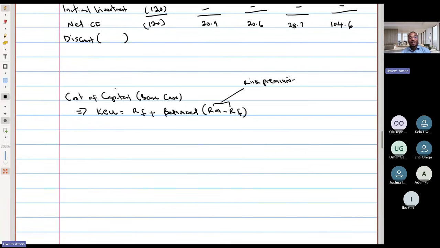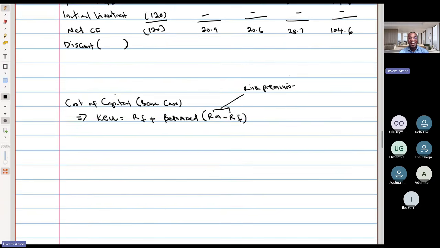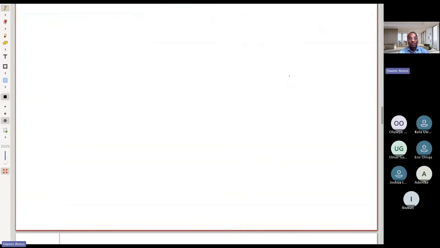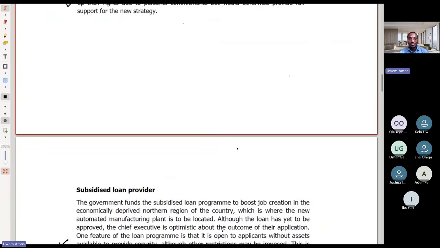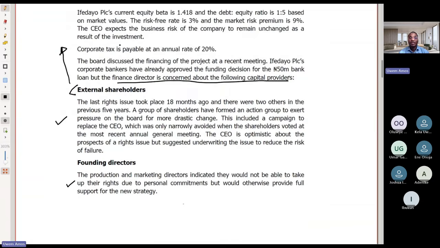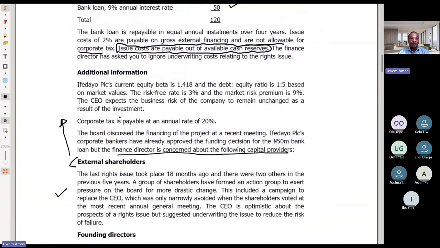So let's go right back to our question and see, what do we have? Do we have the risk-free rate? Do we have the risk premium, or do we have the return on market? Do we have the asset beta? So we know if we're calculating anything out of it. So we're going right back to our question. Okay. So additional information, which is here.